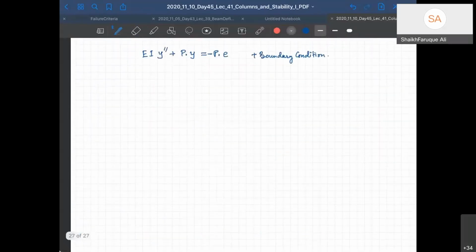Now if we have this, it's no more a homogeneous equation. It's an inhomogeneous equation with a constant at the right hand side. So what will be its particular integral? The homogeneous solution we know is going to be sine and cos, but what about its particular integral?